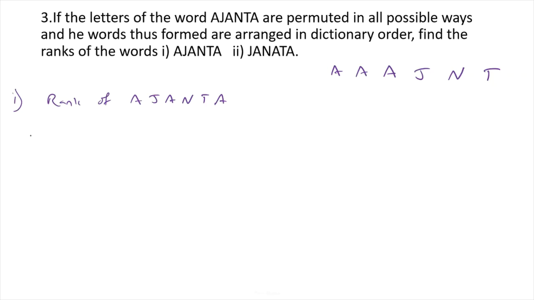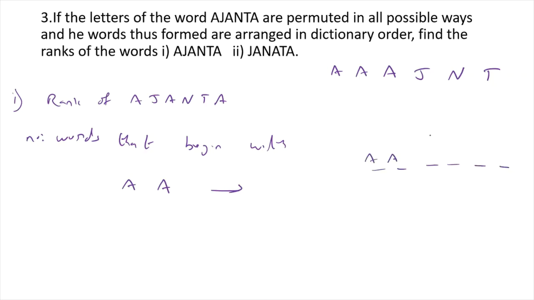So number of words that begin with double A is going to be, I have to fill the first 2 blanks with 2 A's, and then we have 4 blanks.